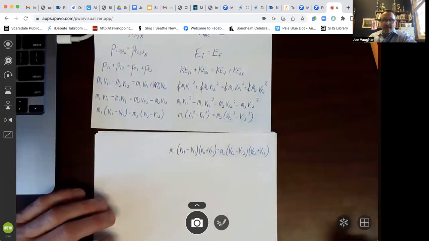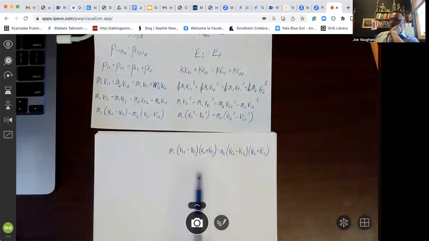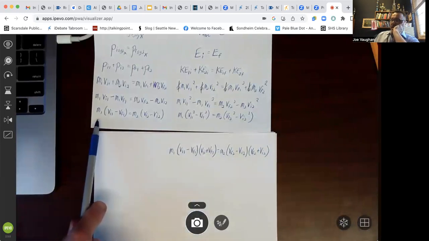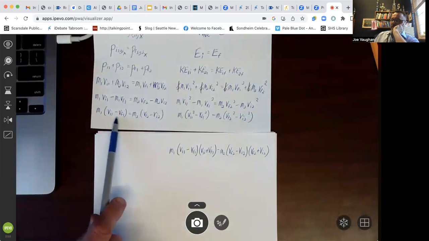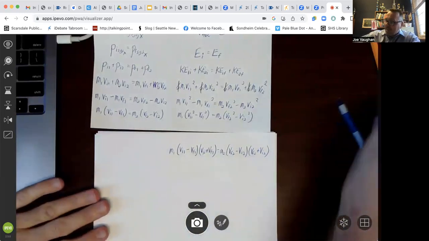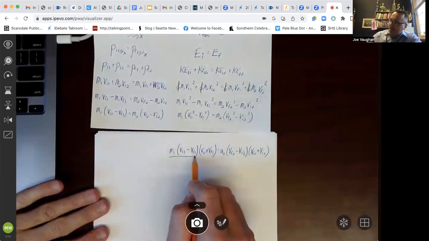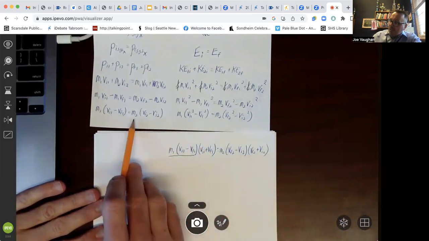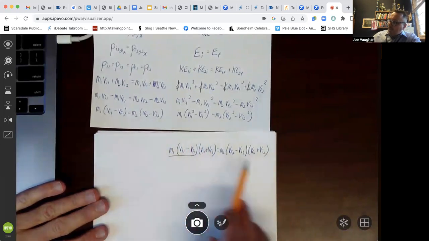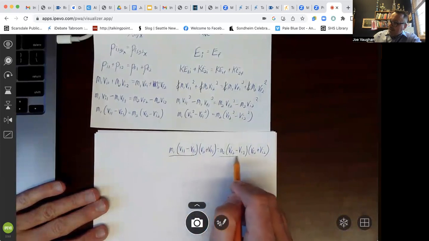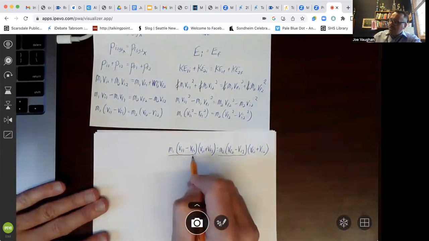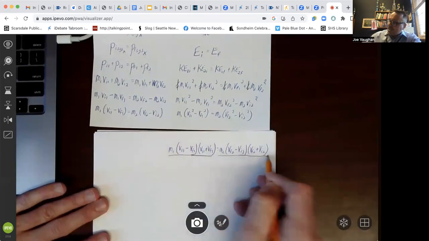And so if you look here, you'll notice M1 times VI1 minus VF1, I've got that right here. M2 times VF2 minus VI2, I've got that right here. So what I can actually do now is divide the two expressions.